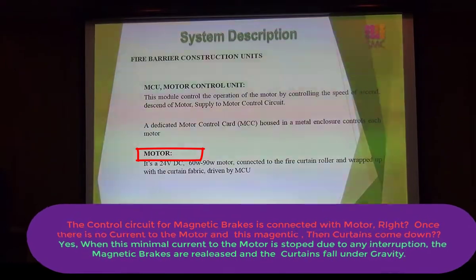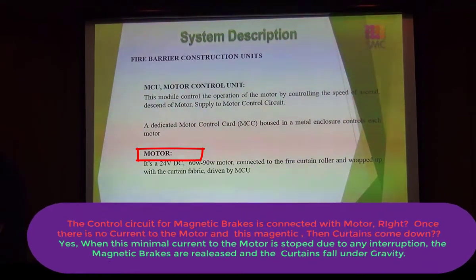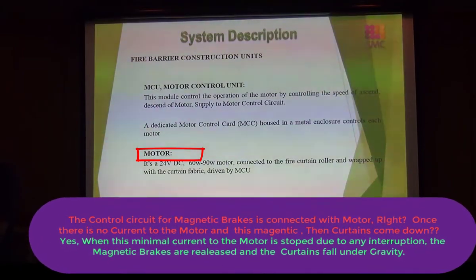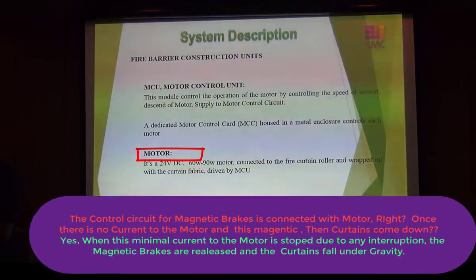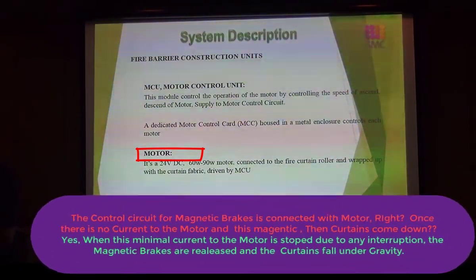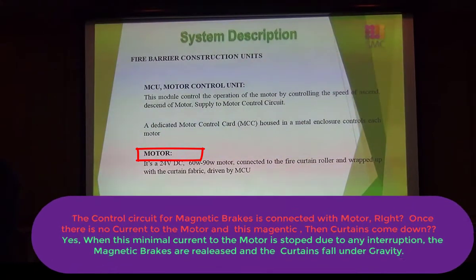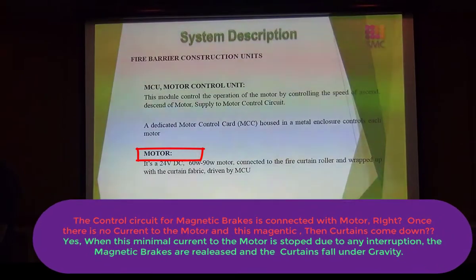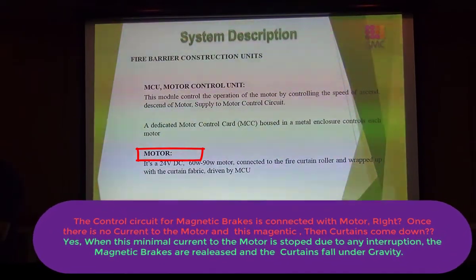Can we see the brakes here? No, sir, it is inside. It is like magnetic coils. As soon as the power is cut, the magnet is removed, and both sides will catch it. Yes, it is an inside mechanism. If there is a broken motor, I can show you the encoder.